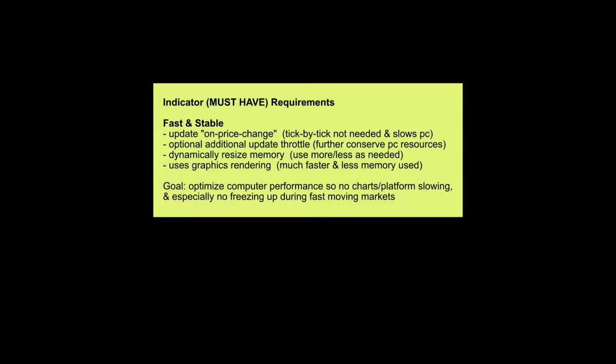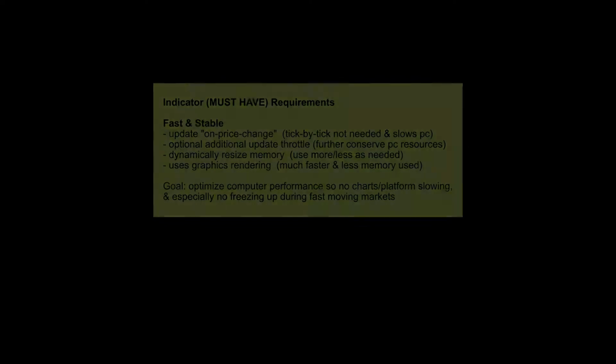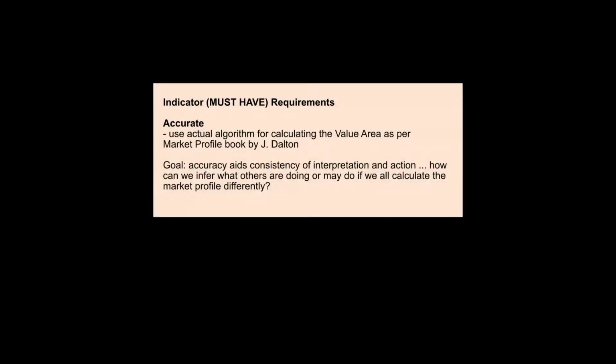TrackerMP updates on price change, has an optional additional update throttle, dynamically resizes memory allocation, and uses graphic rendering, all as four ways to optimize the computing resources for speed and stability. To be accurate, the value area is calculated using the algorithm presented in Jim Dalton's book.